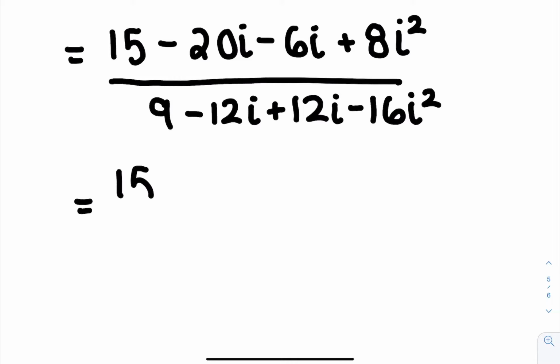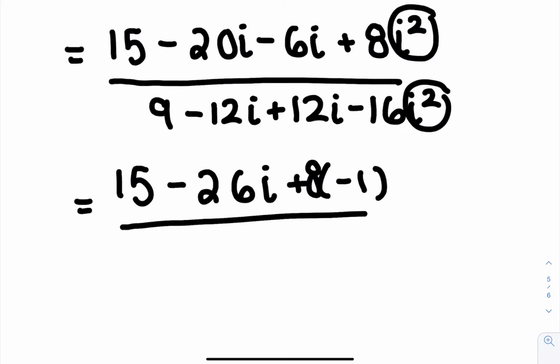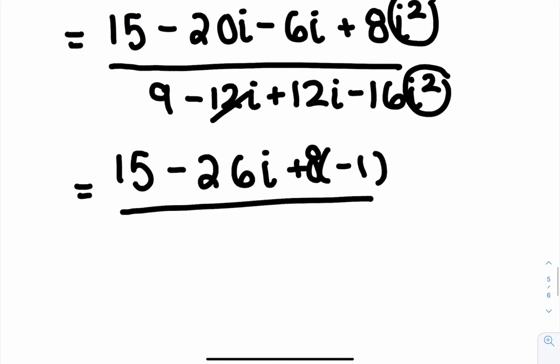So I'll get a 15 minus 26i plus 8, and I'll turn that i squared, both of these, into a negative 1 times 8. Now in the denominator, notice the negative 12i and the 12i cancel, so I'm just left with 9 minus 16 times negative 1. So my denominator is actually completely real at this point. There's no more complex numbers.